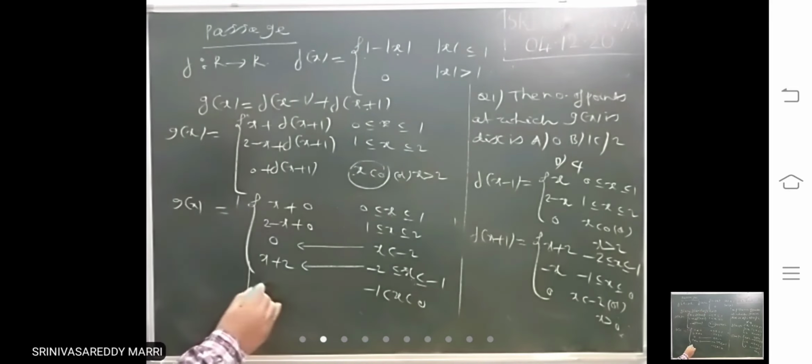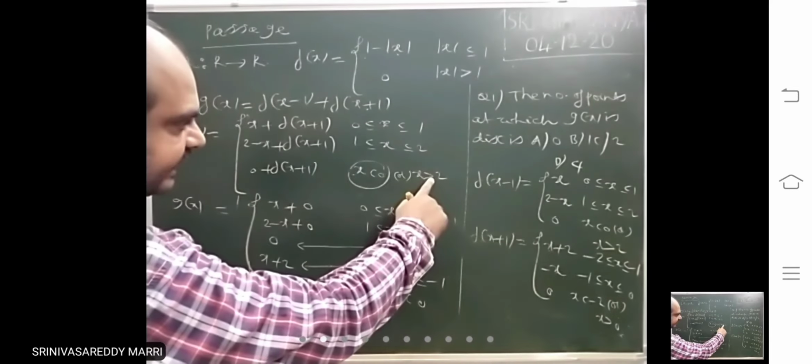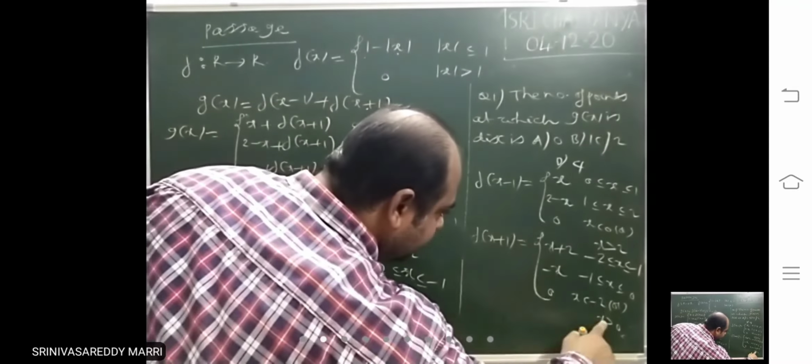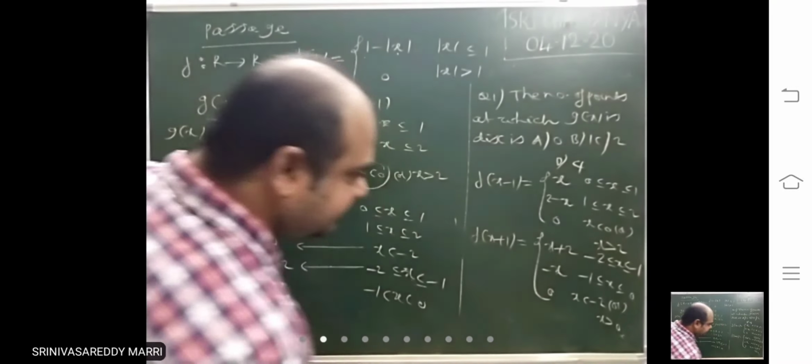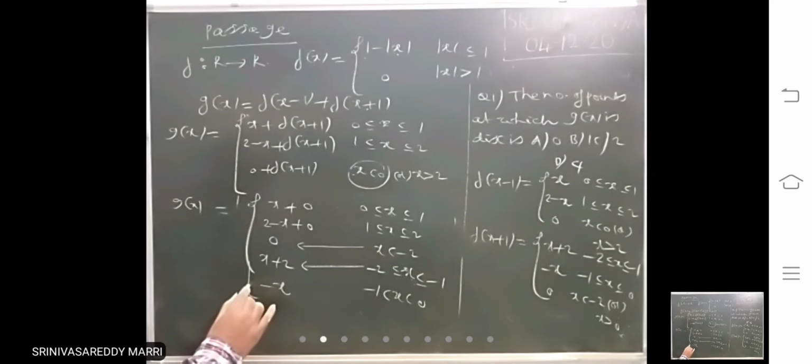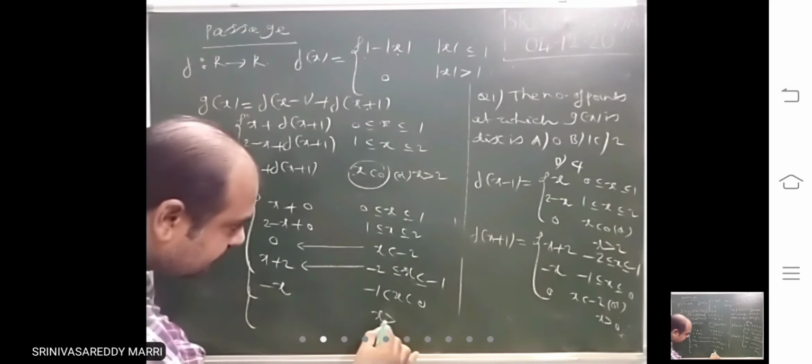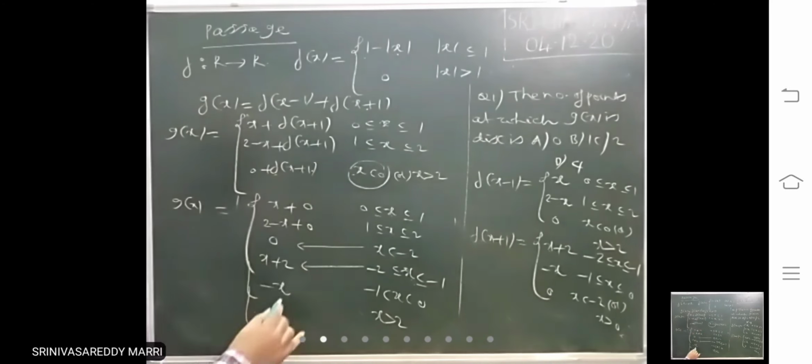Minus x. For x greater than 2, only one definition, 0. For all x greater than 2, this is 0. Now you got the definition.